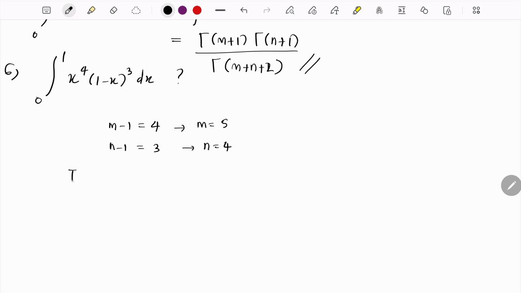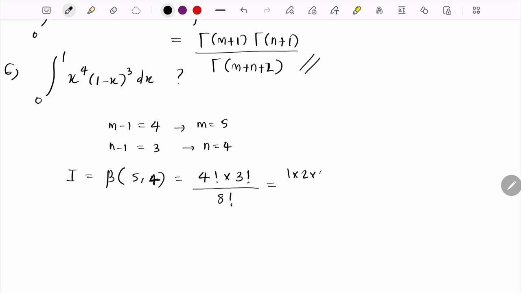So this integral we can write as beta of 5 comma 4, that is 5 minus 1, 4 factorial, into 4 minus 1, that is 3 factorial, divided by m plus n minus 1 factorial, that is 5 plus 4 is 9, 9 minus 1, that is 8 factorial.